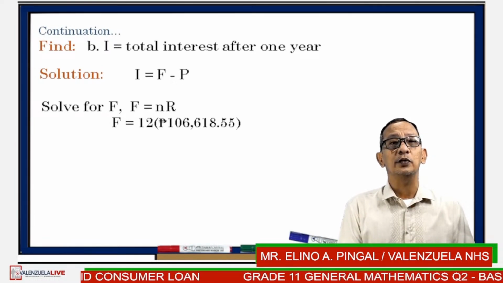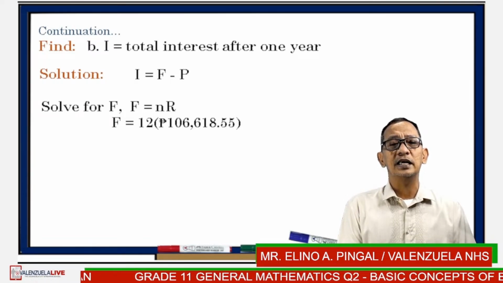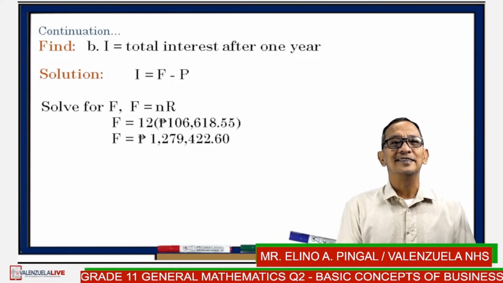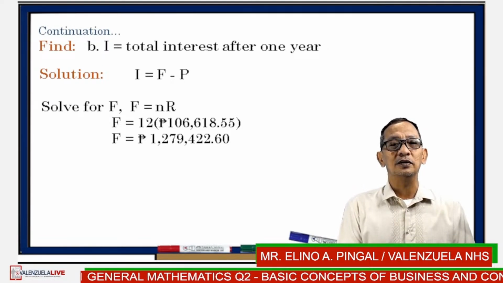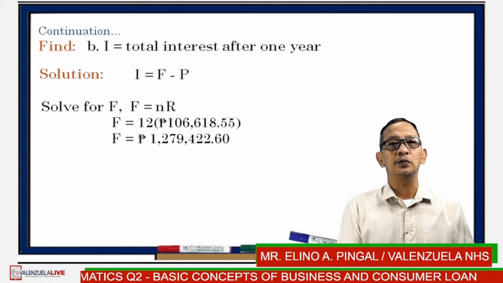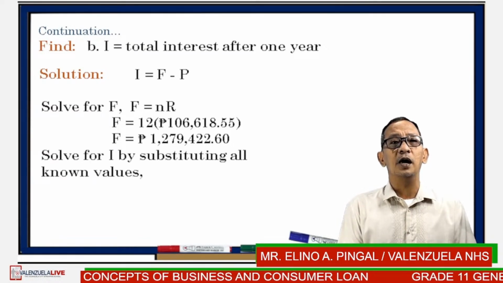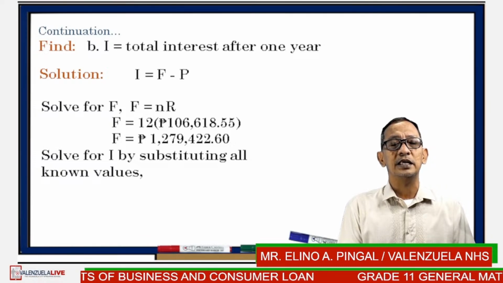So F is equal to 12 times 106,618.55. F now is equal to 1,279,422.6.